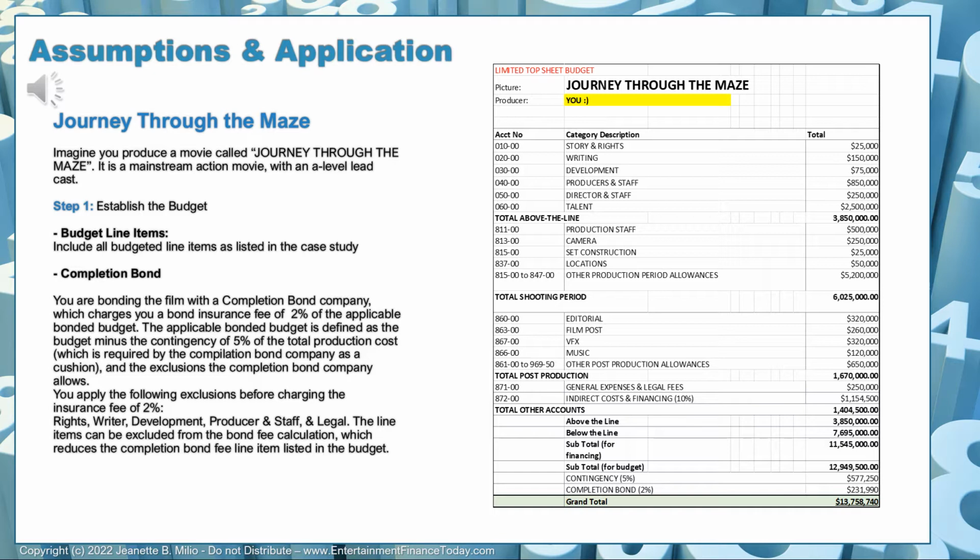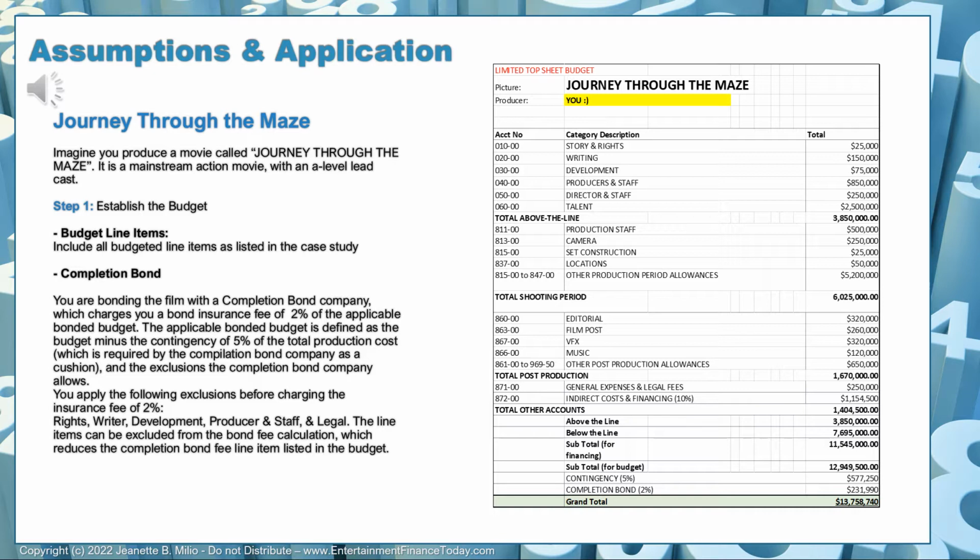We are applying the numbers, the allocated line items for story rights, writing, development, producers and staff, director and staff, talent, to the limited top sheet budget to arrive at the total above the line. We're adding the production staff, camera, set, construction, locations, and other production period allowances to get to the shooting period amount.